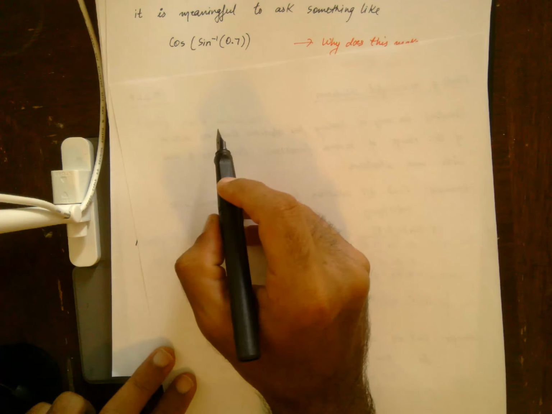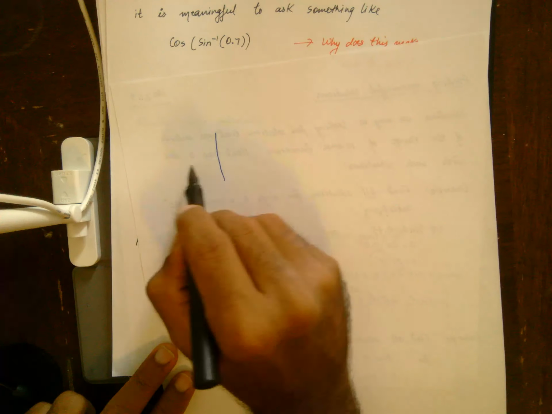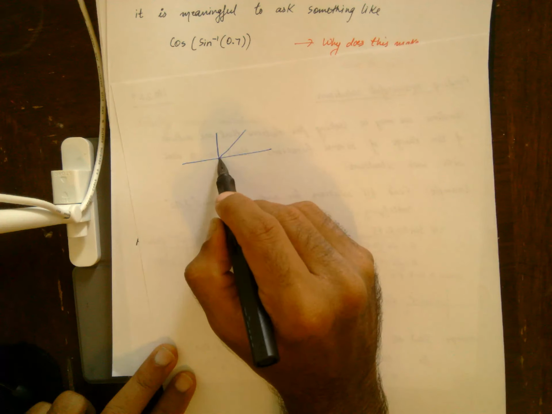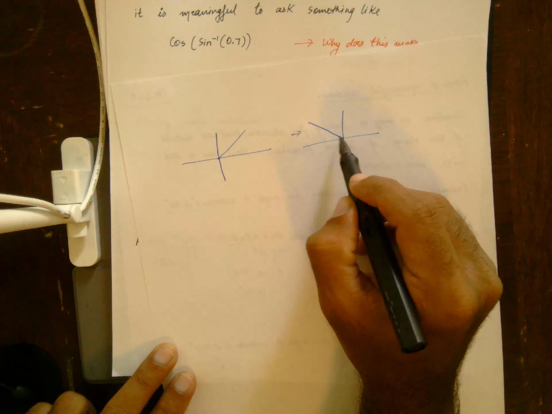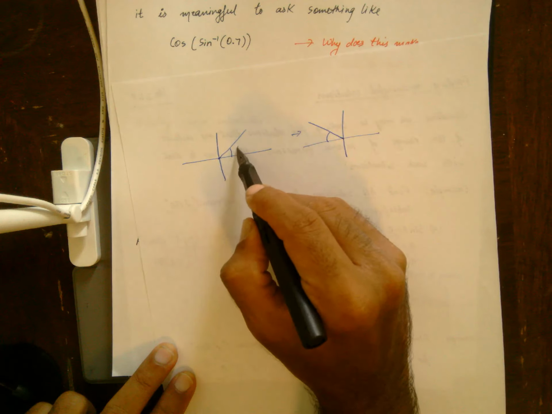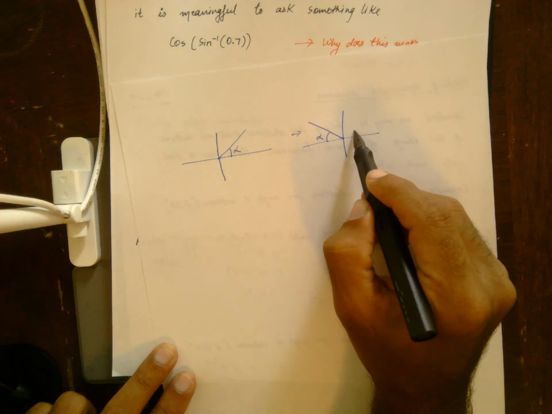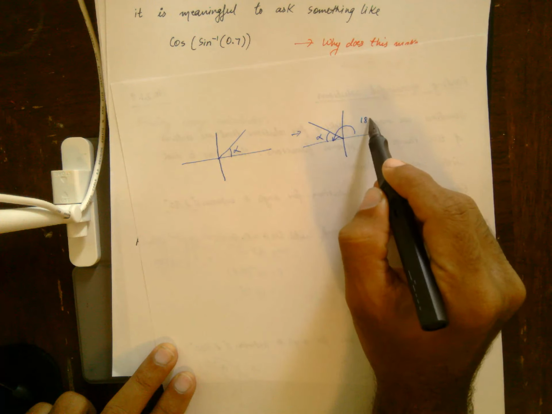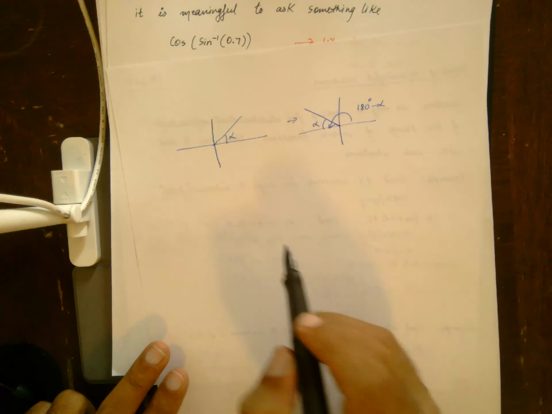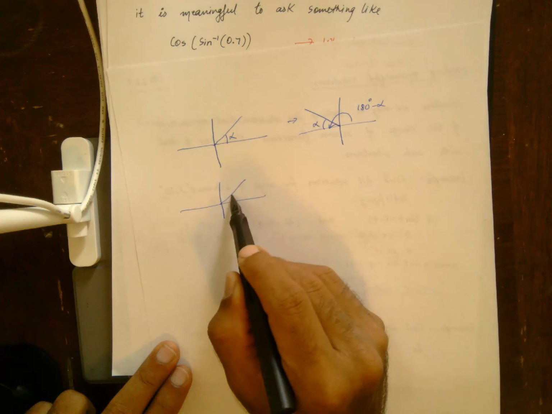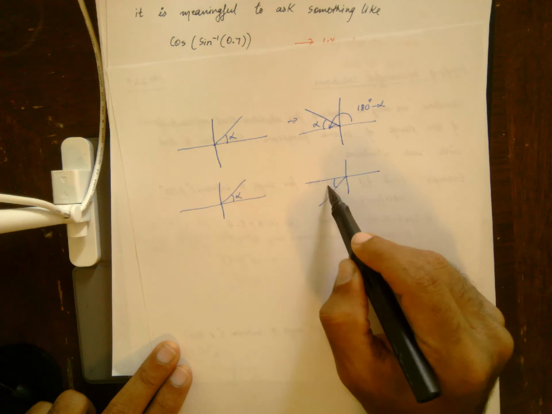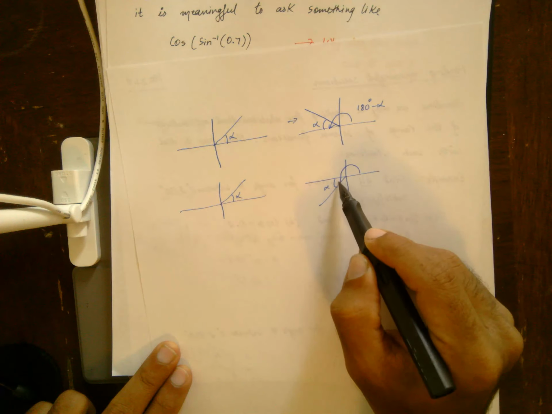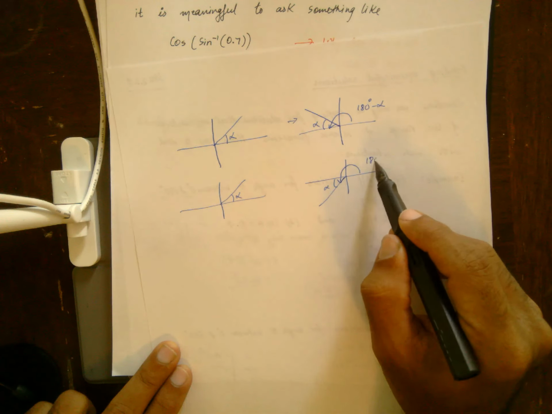So as a general strategy, here's what you can think of. If you're in quadrant 1 and you're changing to say quadrant 2, right? So if this is say alpha, this is alpha, then the whole angle is going to be 180 minus alpha. If you're going from quadrant 1 to quadrant 3 as we saw, then you have to add 180 to that alpha.